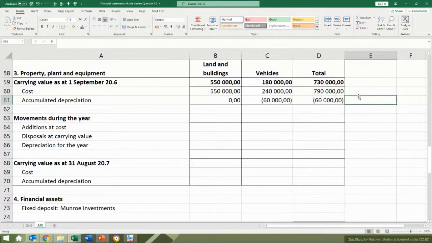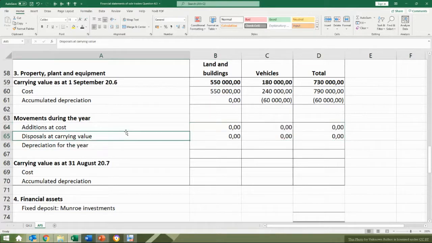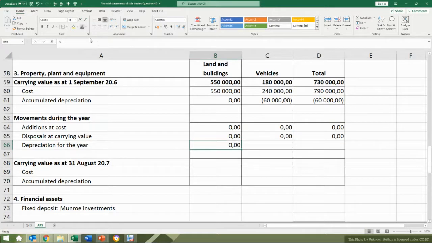Now, based on the information, we know there were no additions and no disposals, so these amounts are 0. We did not have any information for depreciation of land and buildings because we generally don't depreciate them, but we did depreciate the vehicles amount.